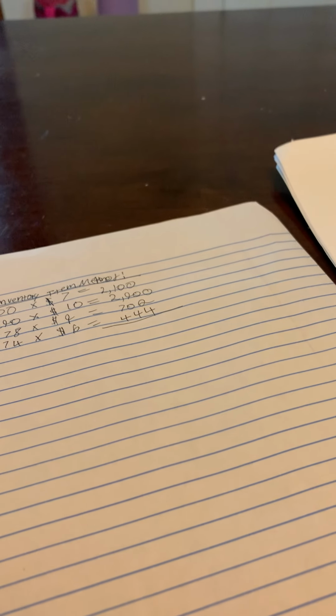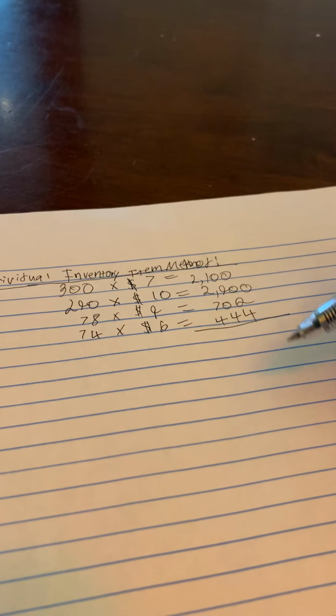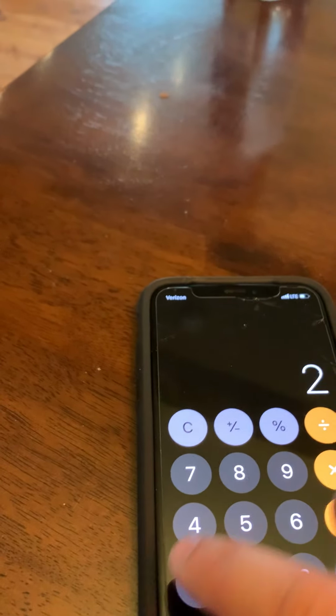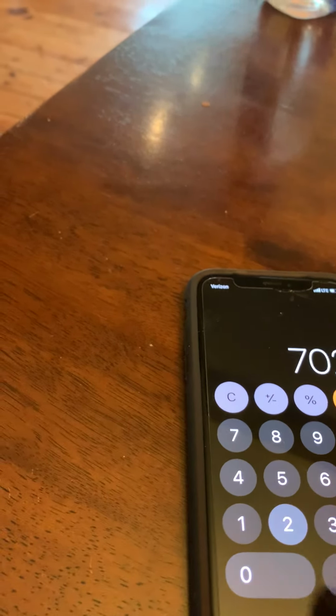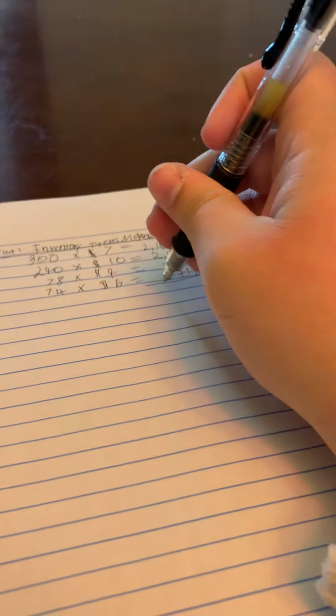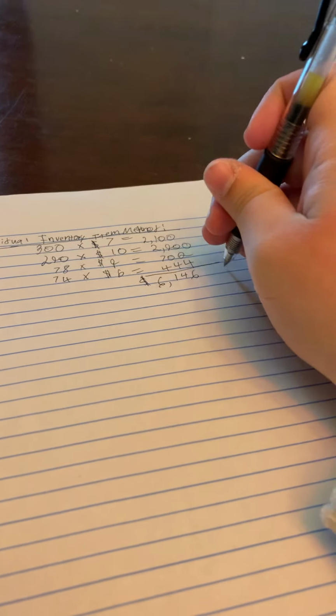So now we're just going to add them all together to figure out what the value of the ending inventory will be using the lower of cost or market rule when applied to the individual inventory item method. So when we add all of these together, we get 6146 for the ending inventory value.